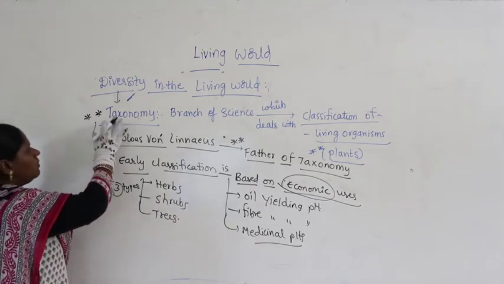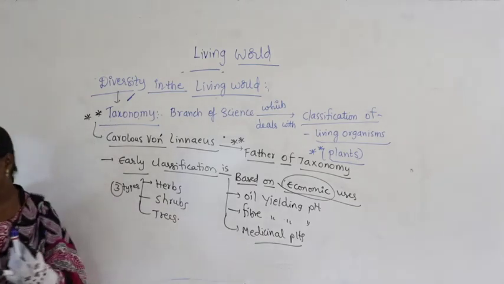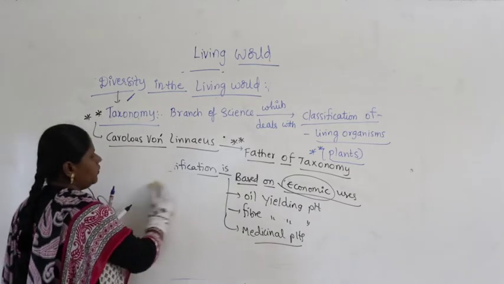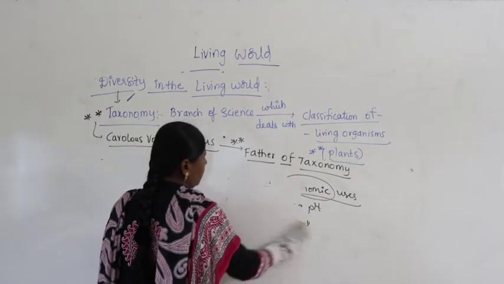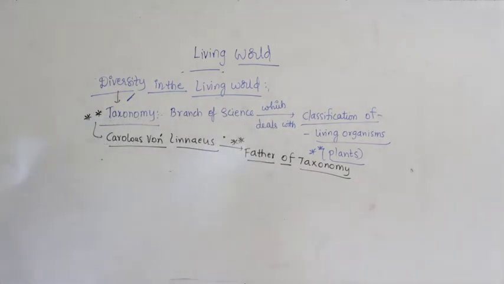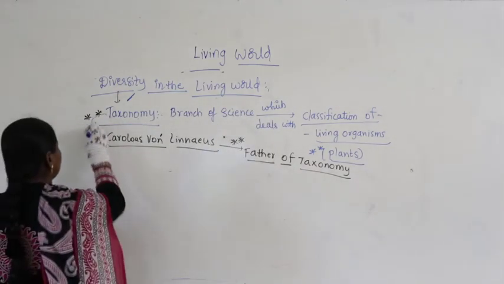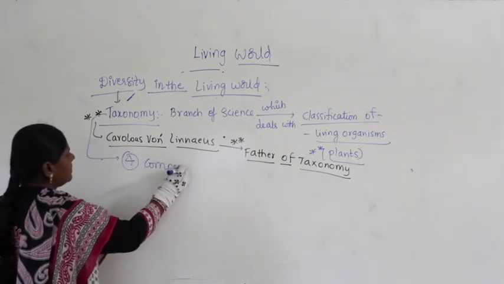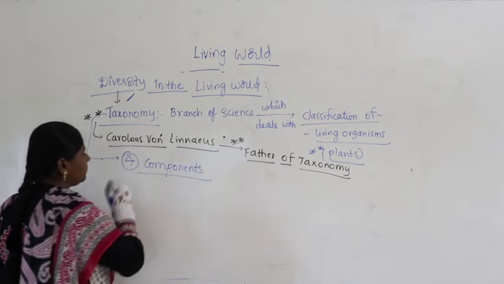Now, coming to taxonomy. For the classification of plants, taxonomy has 4 components.